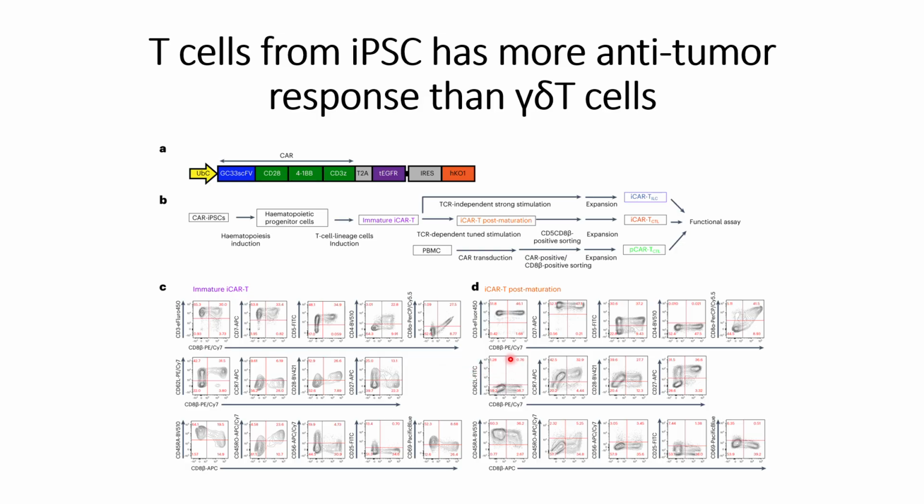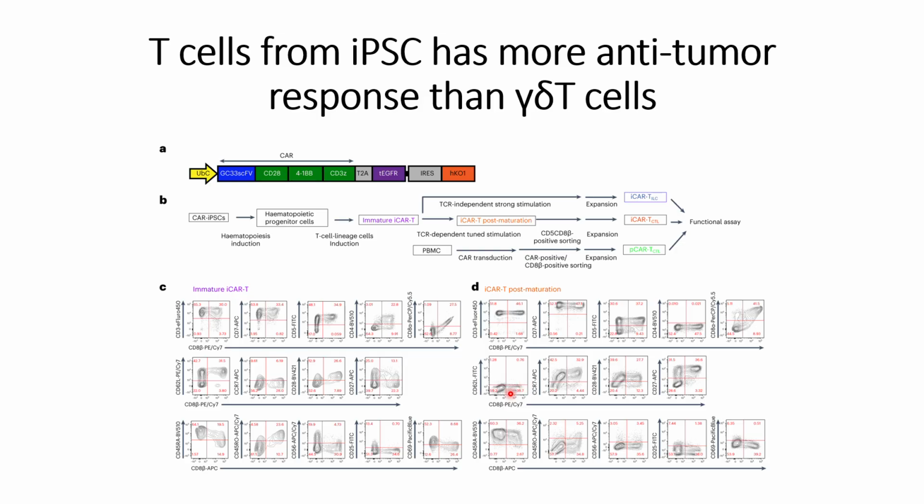In another case, cells are positive for CCR7 and CD8 beta in the post-maturation CAR-T cells, but negative in the immature CAR-T cells. So they used these different marker validations to further validate the immature CAR-T cells and the post-mature CAR-T cells.